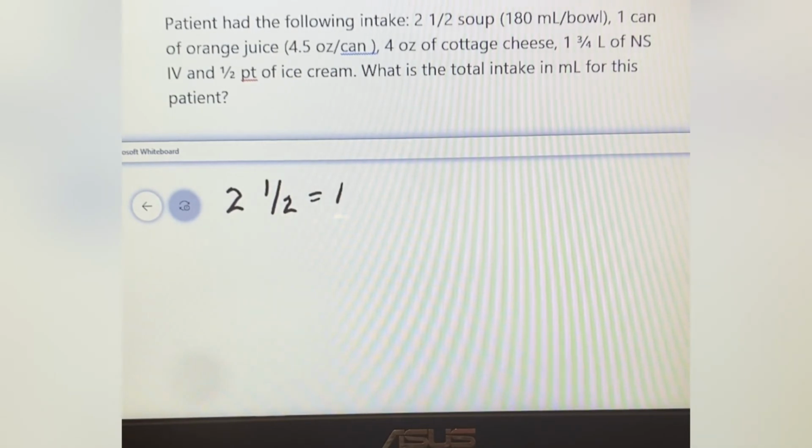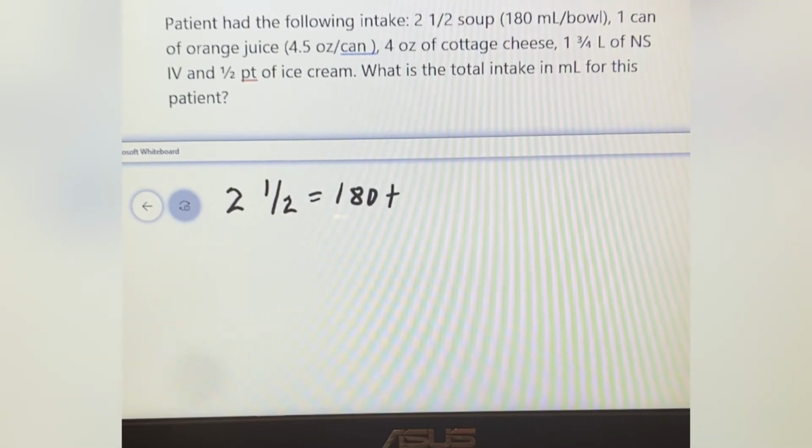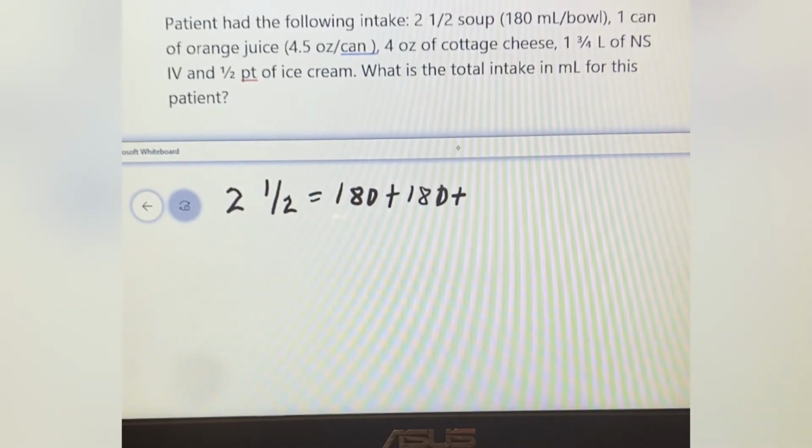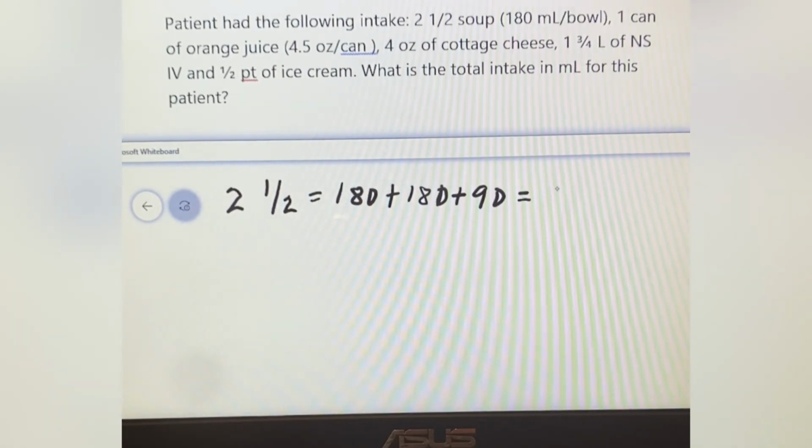It means 180 plus 180 plus, the half of 180 is 90, is equal to 450 ml.